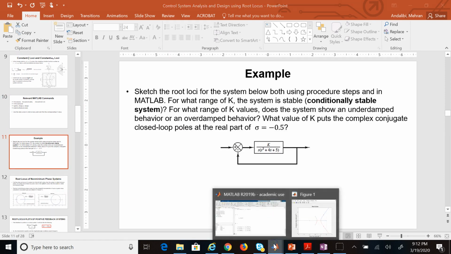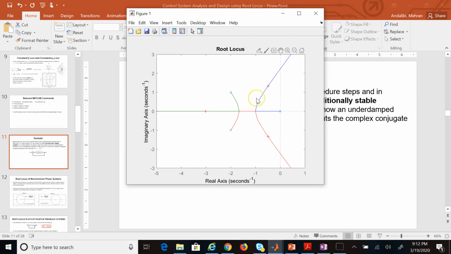So if I go back and look at this, for what range does the system show underdamped or overdamped, right? When is it that the system is underdamped? So I have 3 poles. Each pole corresponds to an exponential in the time domain.